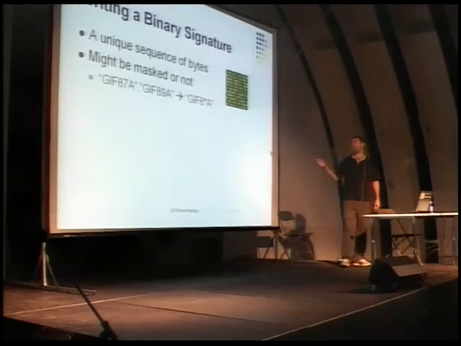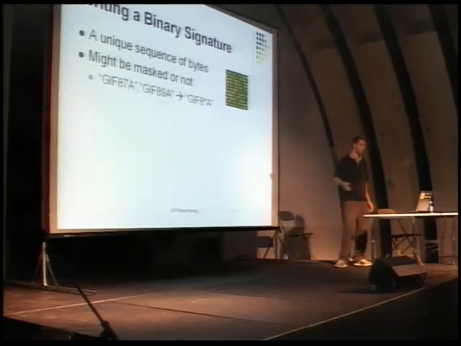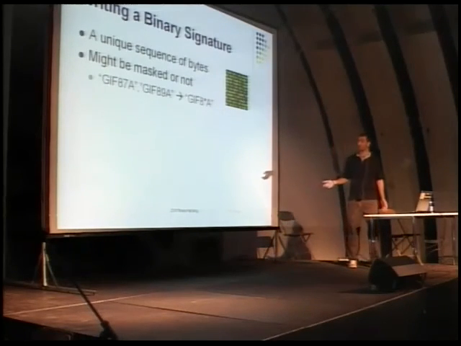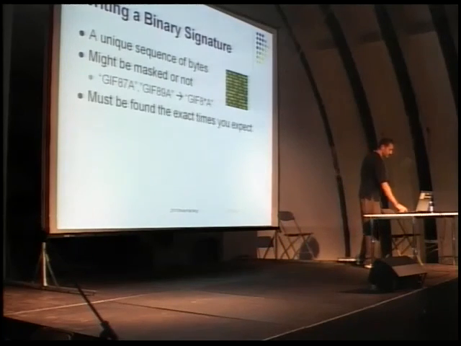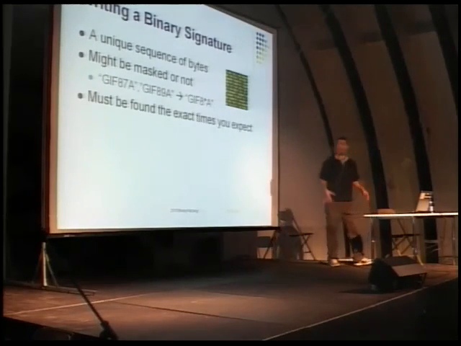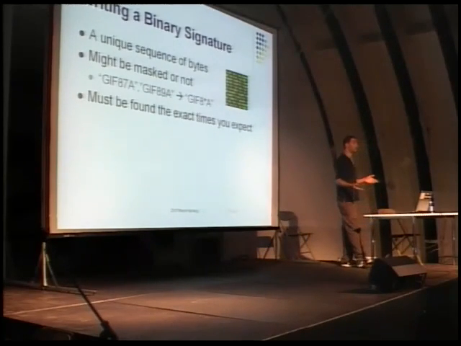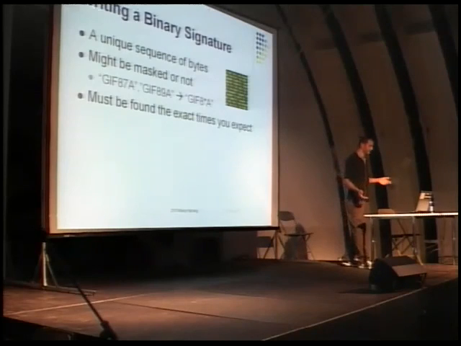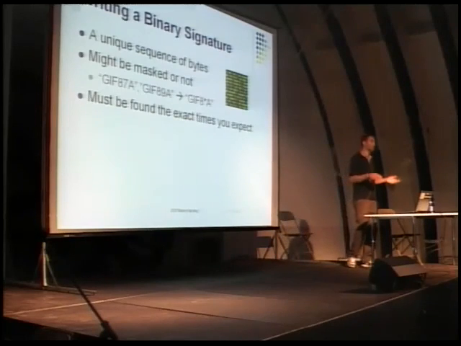So yes, it also can be GIF85, which is not wanted, but you get the point. We use the mask in order to find the same code in different DLLs.